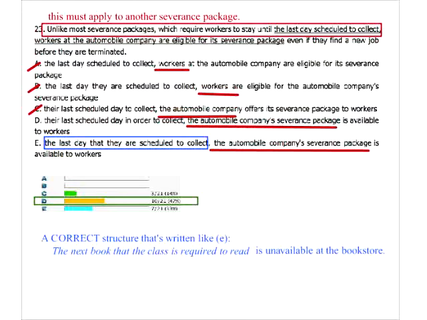So notice the way that this works when you have this kind of construction. The next book that the class is required to read: this construction implies that the class has to read the book. So this works here because that's really what we mean. The class is required to read the book.